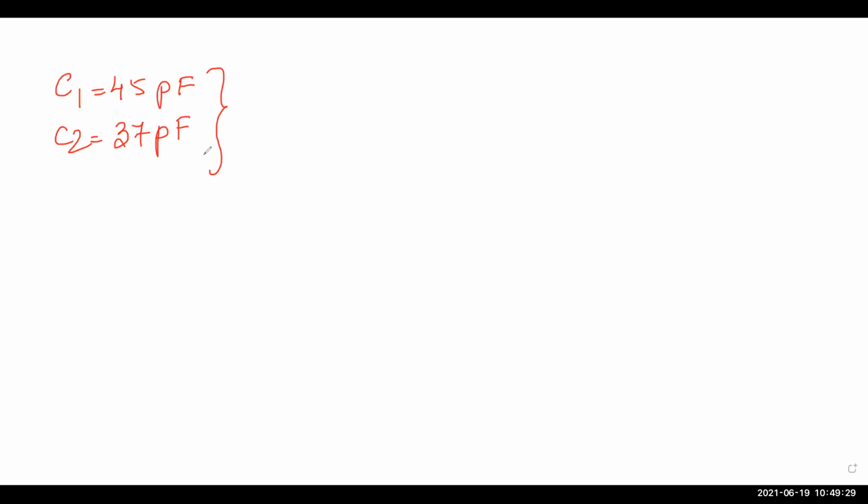Yes. So let the two values of capacitance which produce the same current be C1 and C2. This is given in the problem. What is your C1? What is your C2? It's given. Now, you should know the capacitance required for resonance.